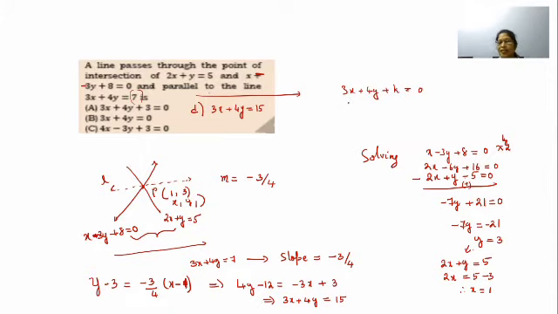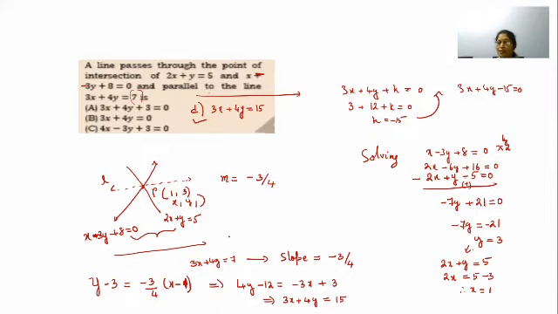So substitute: 3 plus 12 plus k is equal to 0. So what is the value of k? It becomes minus 15. If you substitute in the equation, what do you get? 3x plus 4y minus 15 is equal to 0. Or you shift 15 to the other side. So your option D has to be the appropriate answer.